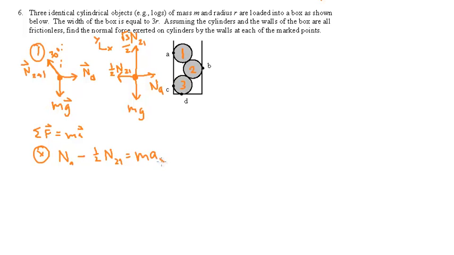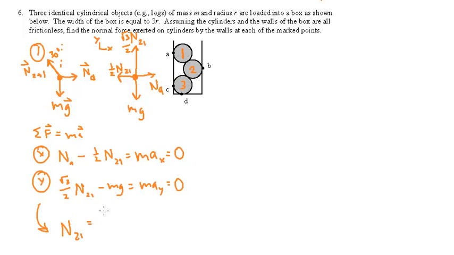So sum of forces equals ma. In the x direction, you're going to have normal force at point A minus 1/2 n21 equals mass times acceleration in the x direction, which is 0. In the y direction, you're going to have square root of 3 over 2 times n21 minus mg equals mass times your y acceleration, which is 0.